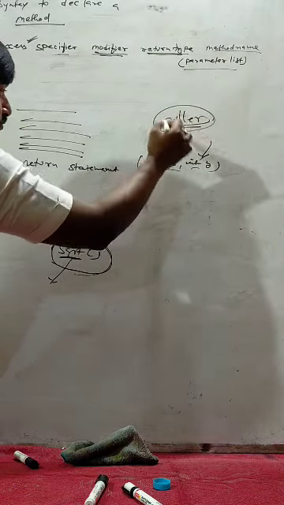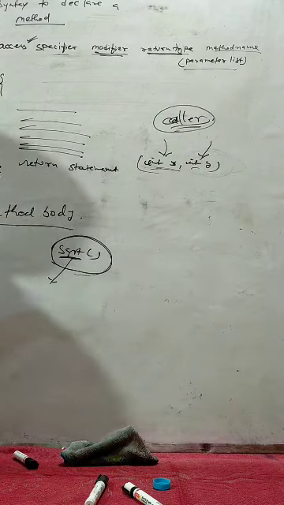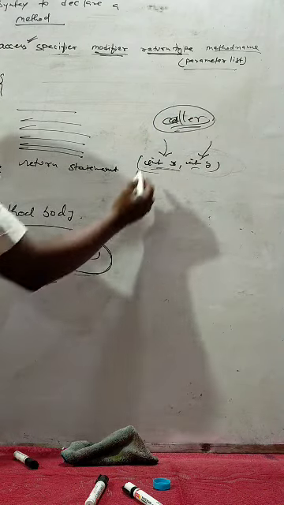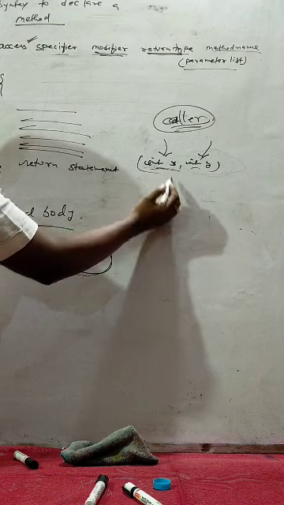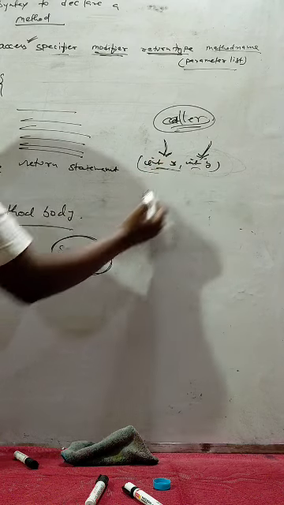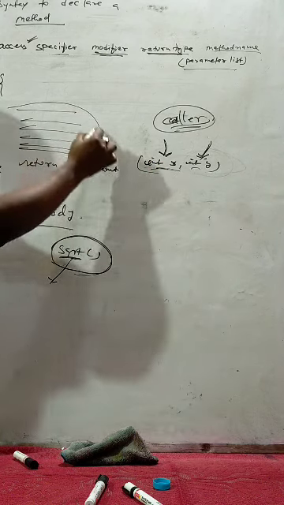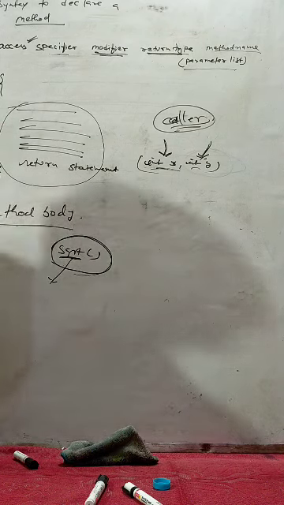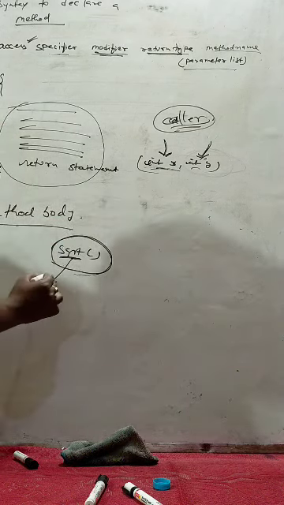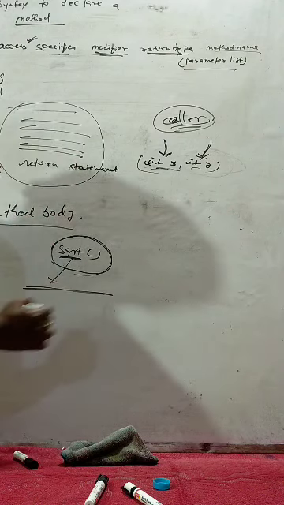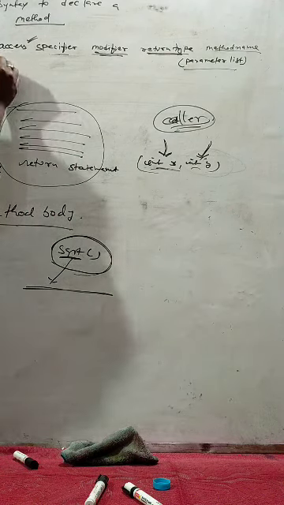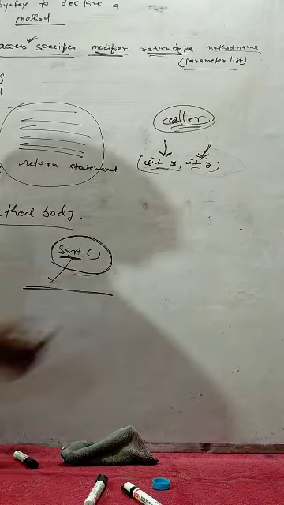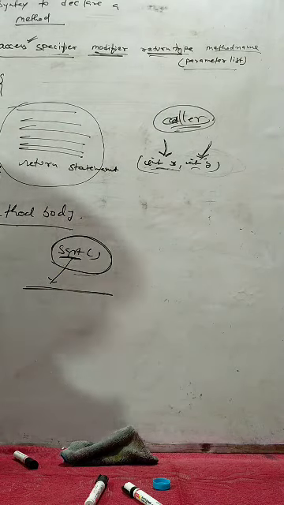I will explain who is called the caller. These variables accept the values from callers and transfer them to the method body for further processing. Okay, so this part you write first. In the next video I will explain one by one all these things. Okay, wait for the next video.